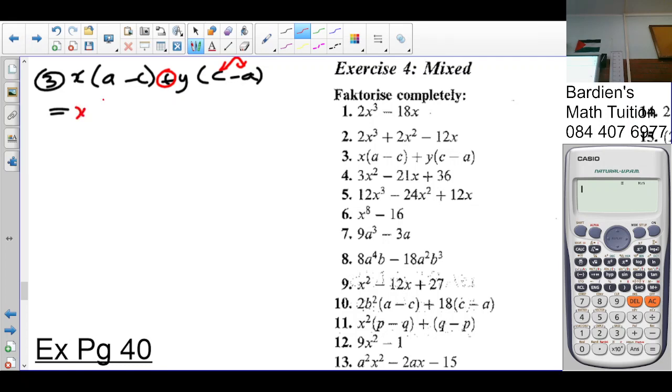It will become x into a minus c minus y into a minus c. That's all. Yes. Now what? The common factor of a minus c. What are we left with?